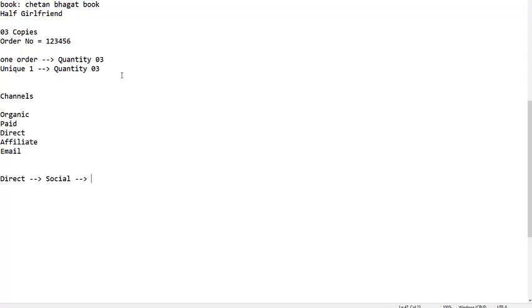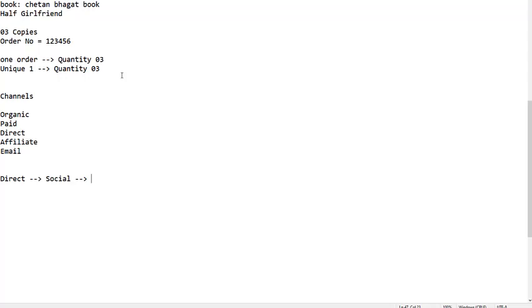I browse through it, but still I'm not convinced. I still want to spend more time and see if I can save more money or get a better deal, like a free screen protector, free mobile holder, something like that. So I haven't still converted. I'm still in the market.